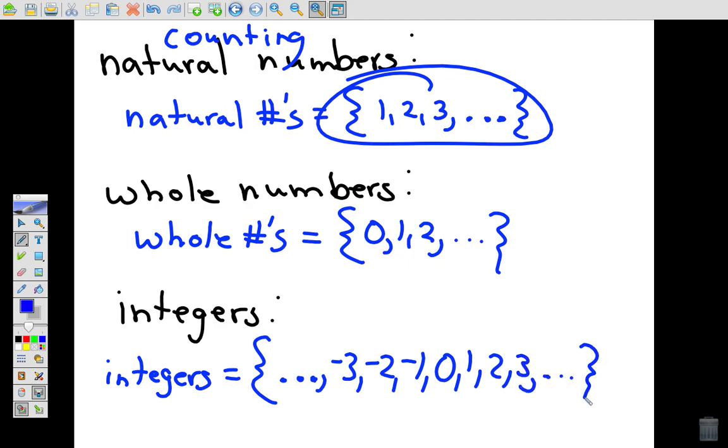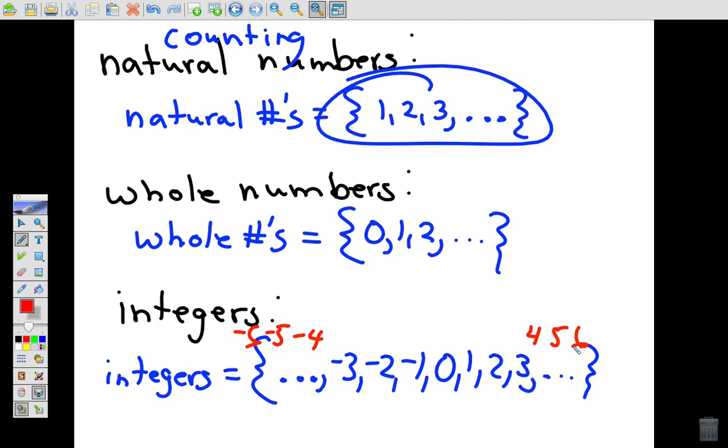Now, what are the dots at both ends of this showing? Well, it's showing that they can keep on going in both directions. So I could have a -4, -5, -6, and it keeps on going. Over here, 4, 5, 6, keeps on going. Now, what are the integers then? Well, the integers are actually the whole numbers and the negatives.